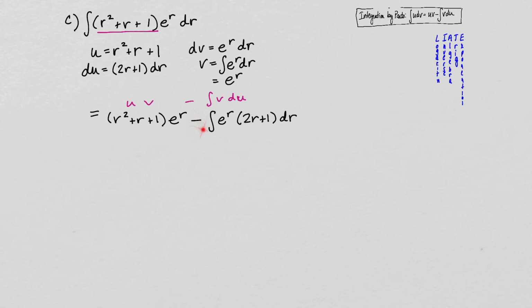in the last two problems, when I got to this integral, I knew how to integrate it. But if you look, this is still a mess, right? This is still something I don't know how to integrate, which means I have to actually do integration by parts again. So sometimes you have problems where within the problem you have to do integration by parts multiple times.